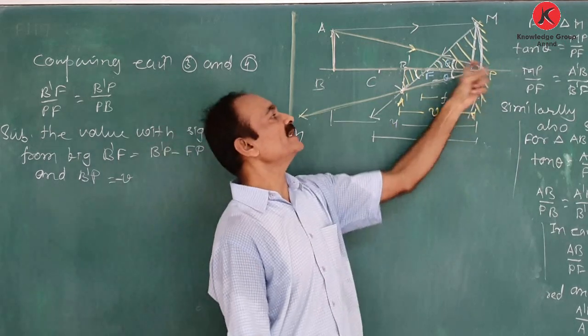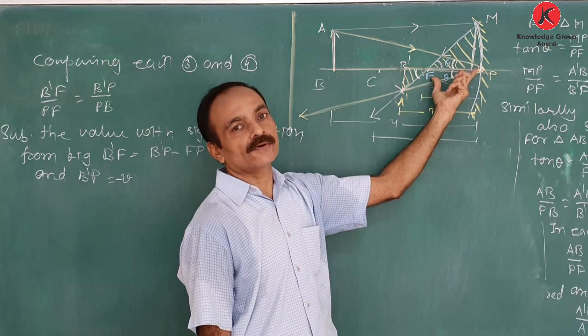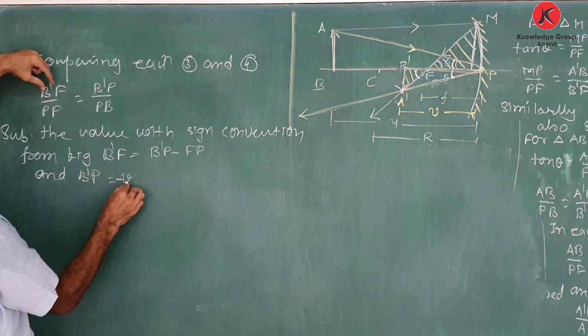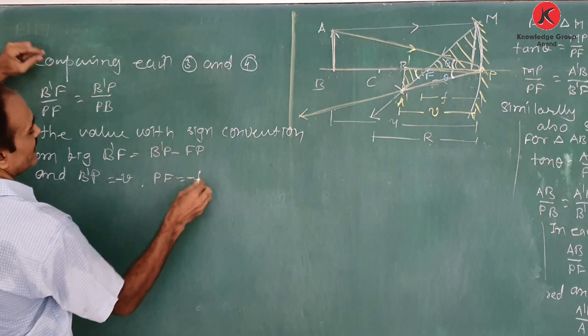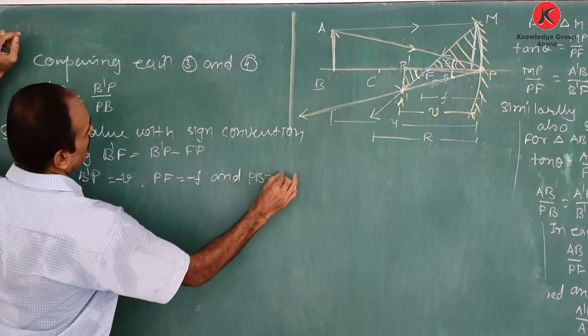And PF, the focal length of a concave mirror, is also negative. Therefore B'P is minus v, PF is minus f, and PB is minus u.